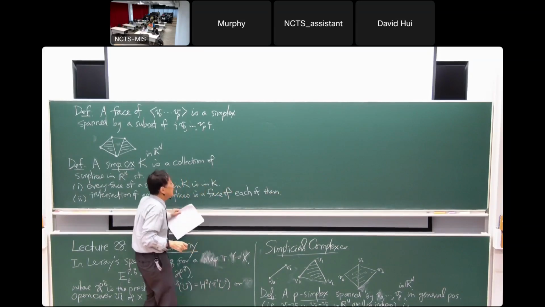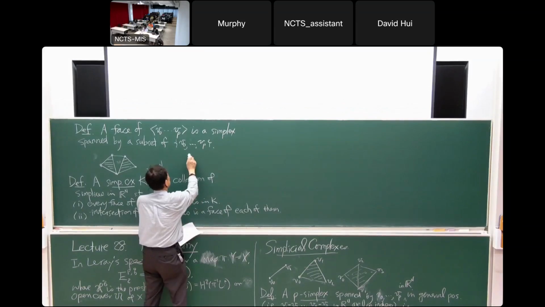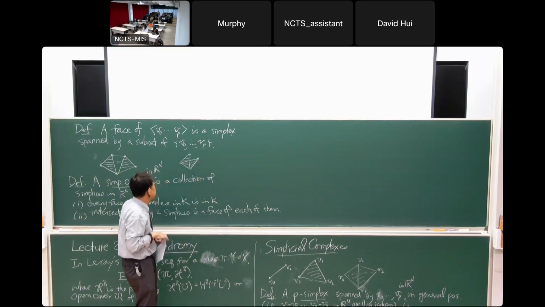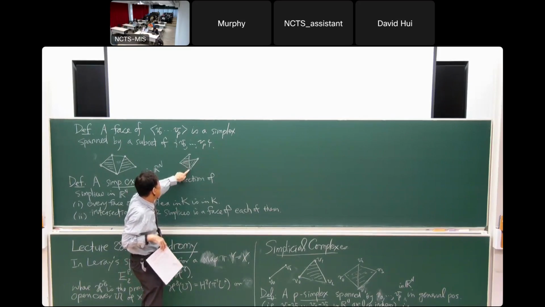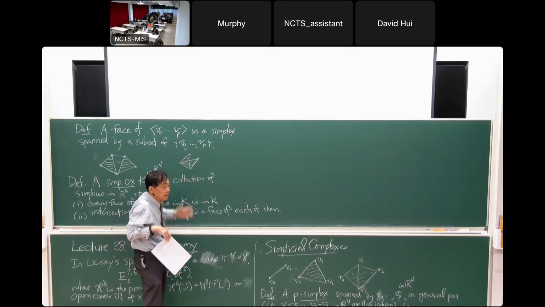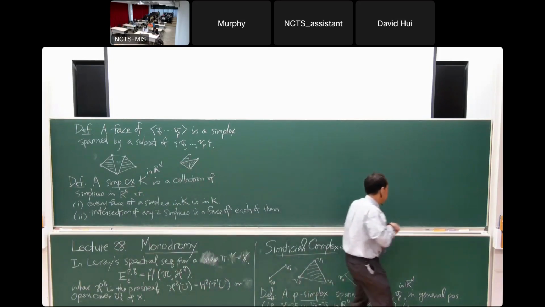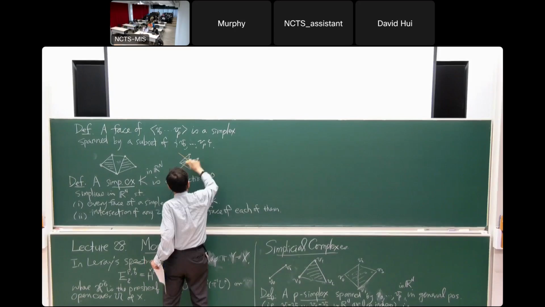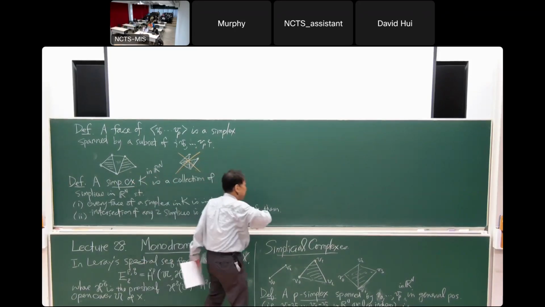So that means you can't have this. That's not a simplicial complex, because the intersection of these two simplices is this, and that's not a face of either of them. So this is not a simplicial complex.